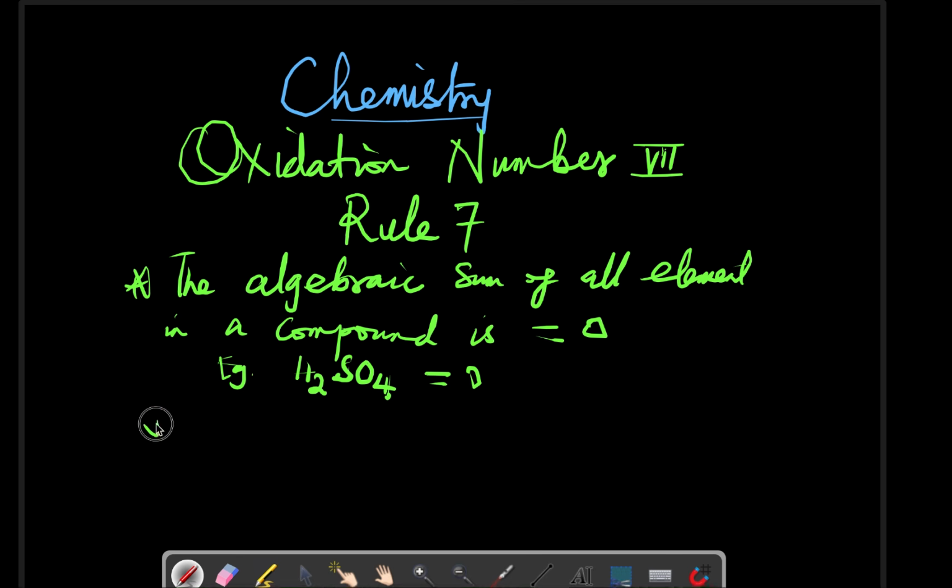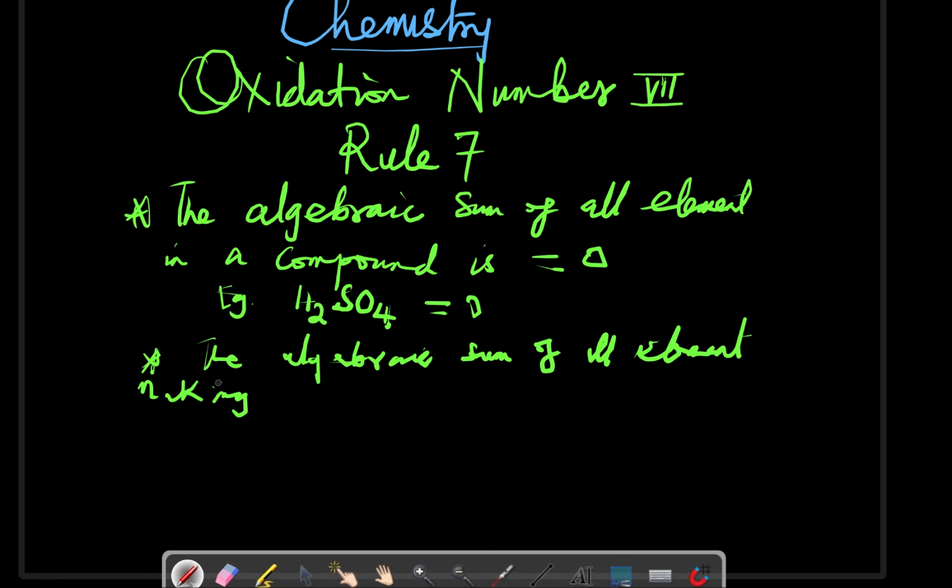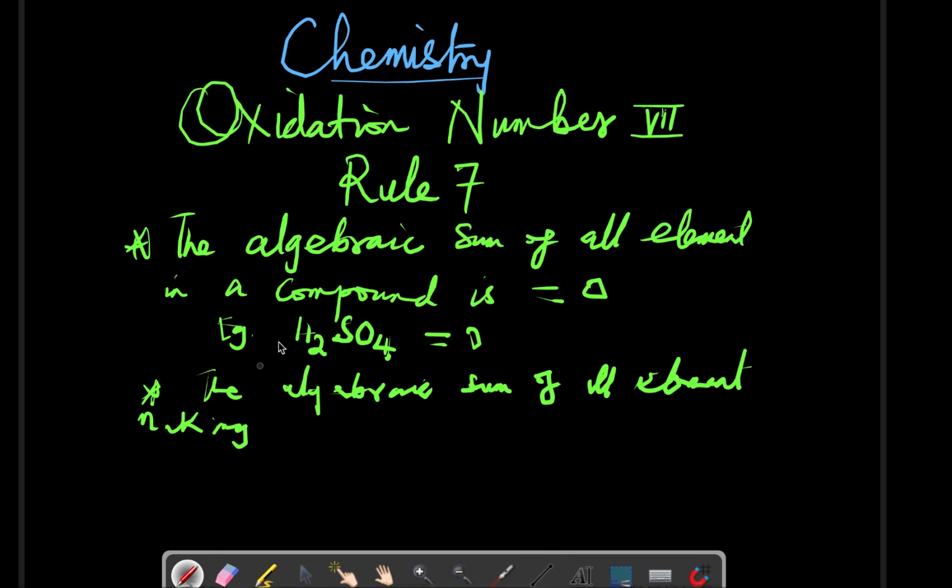What of the second one? I said I would do two in one. The second one says the algebraic sum of all elements making up a radical is the charge of the radical.